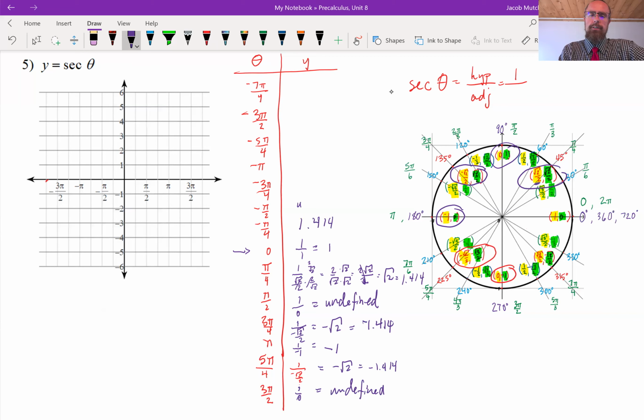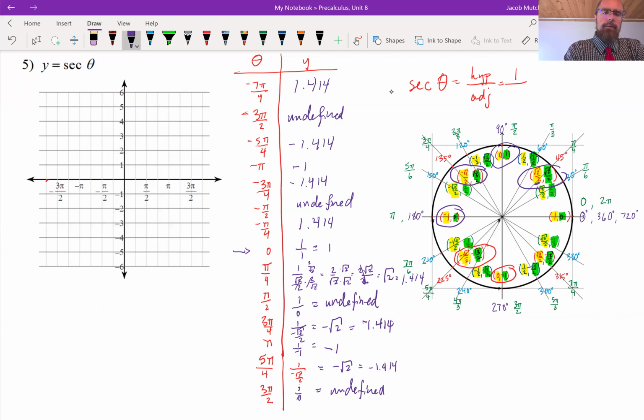Negative pi over 2 undefined. And then the negative pattern should pick up negative 1.414, negative 1, negative 1.414, and then at negative 3 pi over 2 undefined, and then the positive version, 1.414. So a very regular pattern with all these trig functions. We're ready to graph.